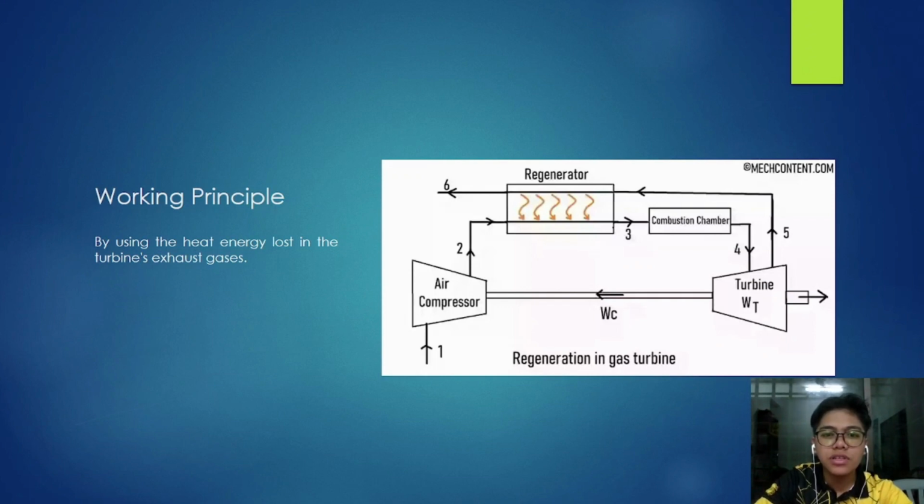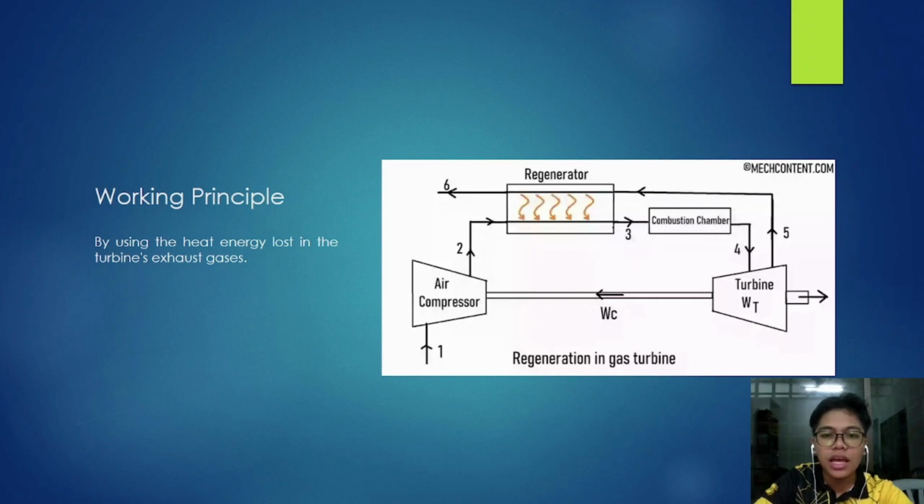In the combustion chamber, fuel is directly mixed with the high pressure, preheated air from the regenerator. The hot, high pressure gases are then directed toward the turbine. When they reach the turbine, they expand and power is generated by the turbine.